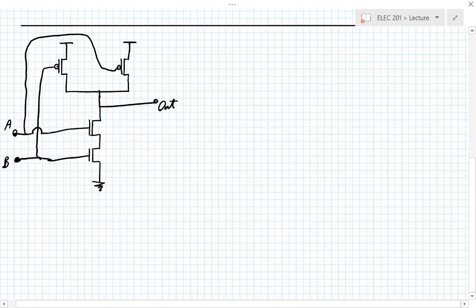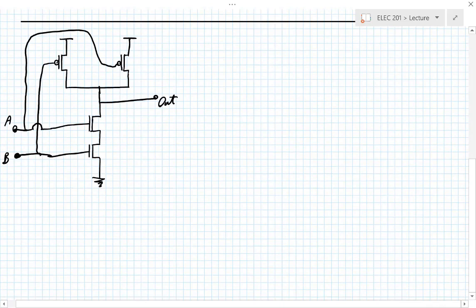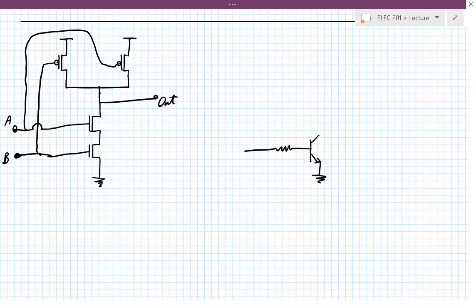Here's another example. Let me see if I can think of one right here. Let's see if this says something to you.